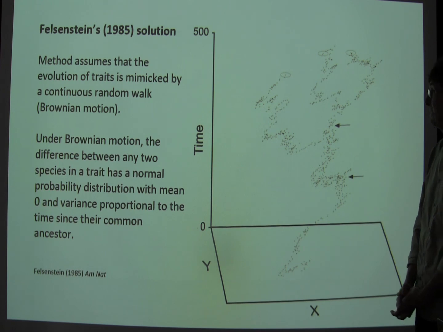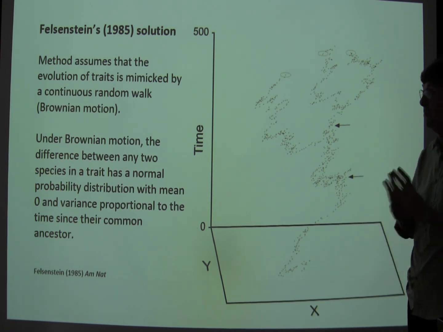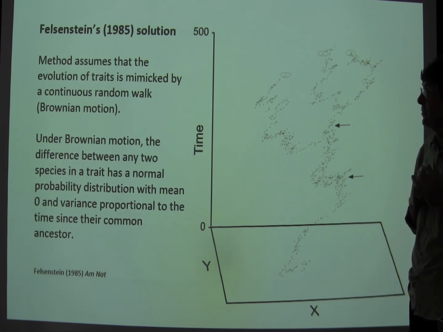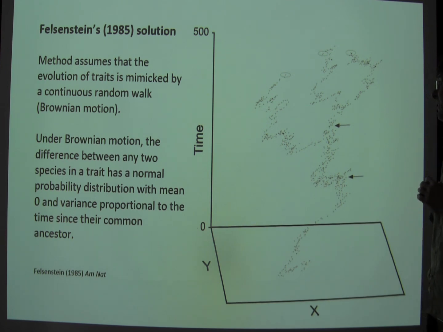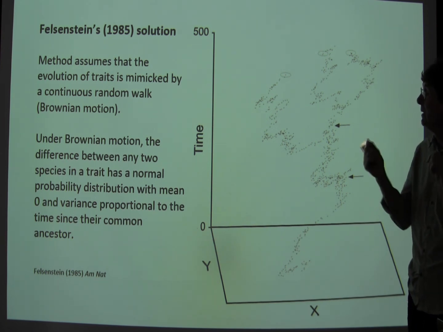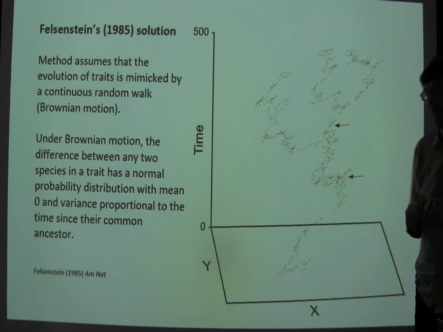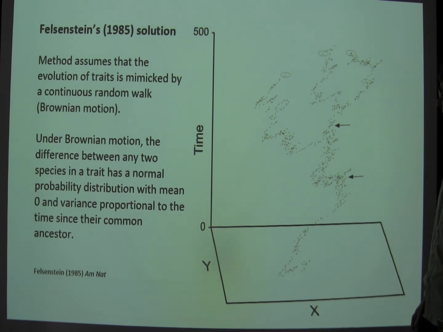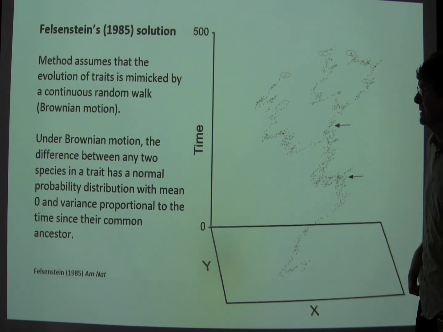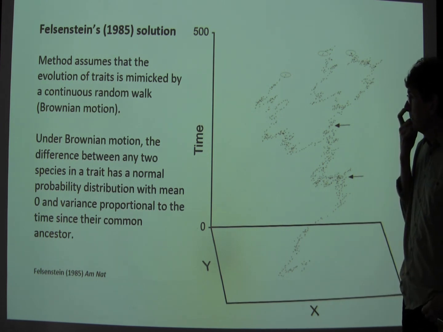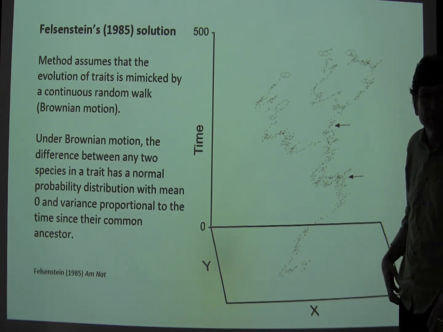So Felsenstein's solution was as follows. First, he said, let's assume that the evolution of traits is mimicked by continuous random walk, Brownian motion. Brownian motion is what's often used to describe the movement of particles in a room, say. And it doesn't actually mean that trait evolution is random or by genetic drift.